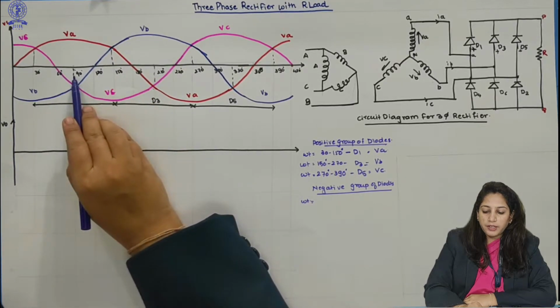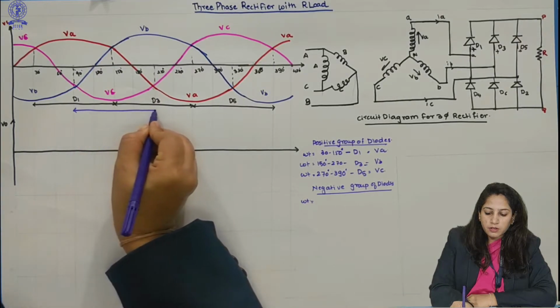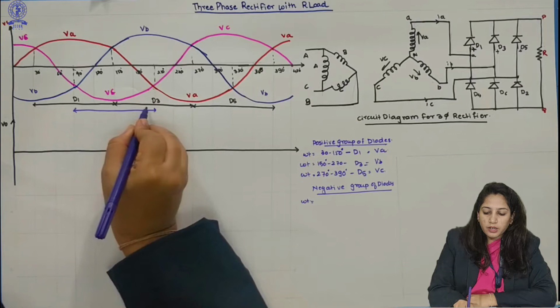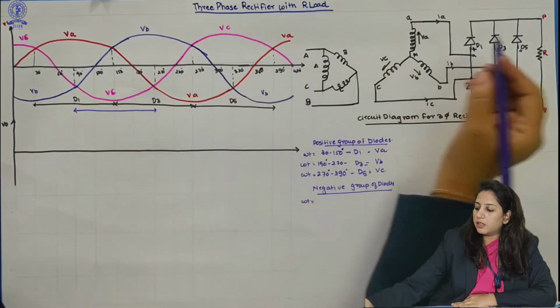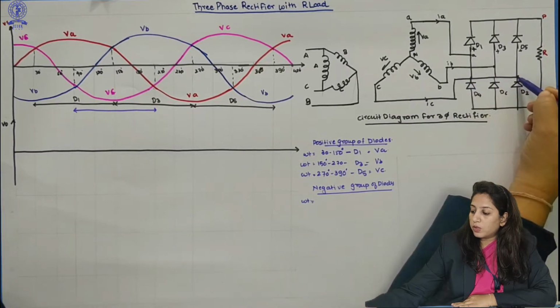So from 90 to 210, VC is more negative. So if it is more negative, then my negative side here is more negative, right?